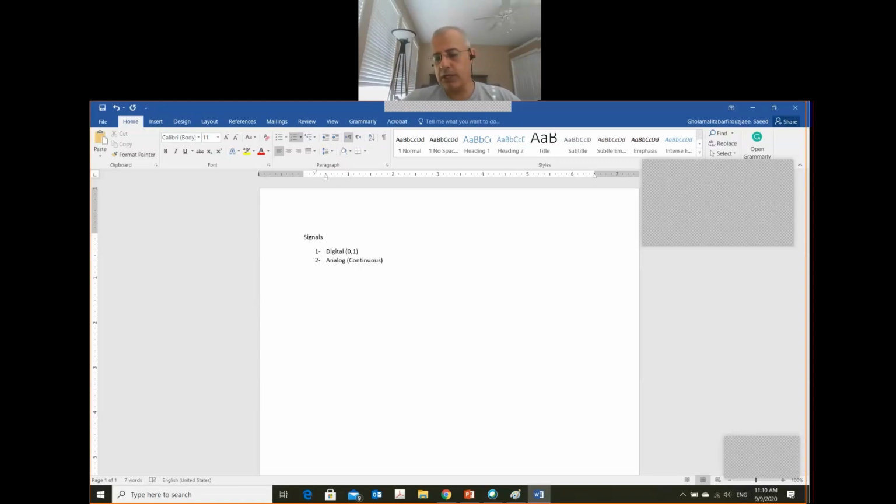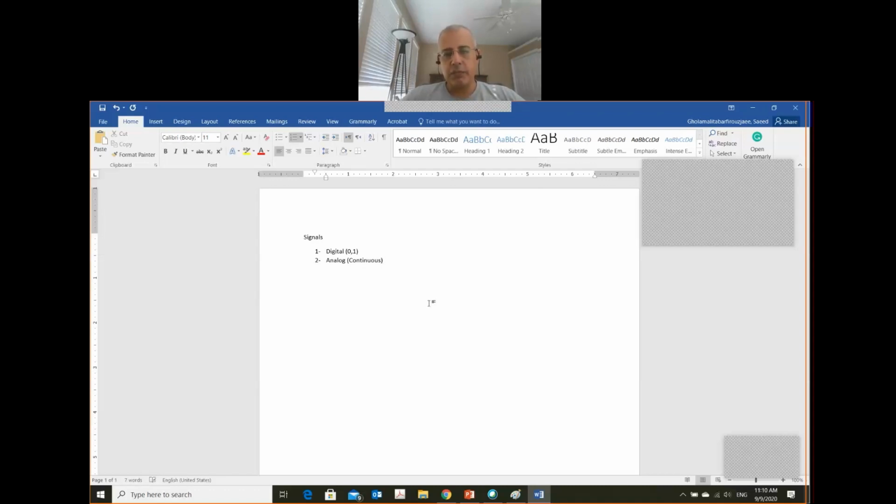Between 0 and 1, we have millions or even billions of values, like 0.001, 0.00001, and so on. These values are uncountable. So analog, or continuous, means continuous measurements over a certain range of values or numbers.